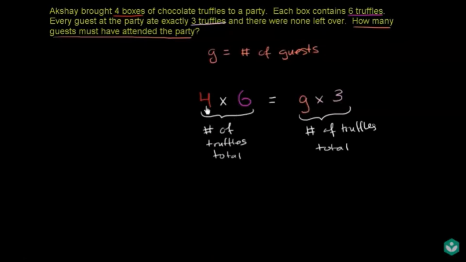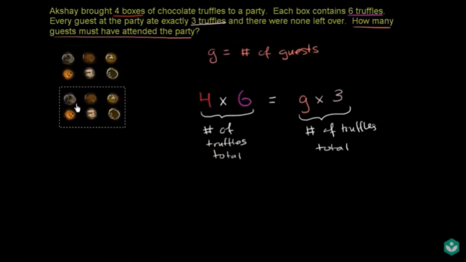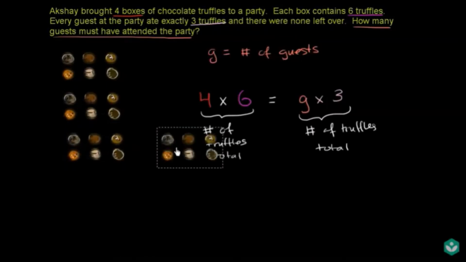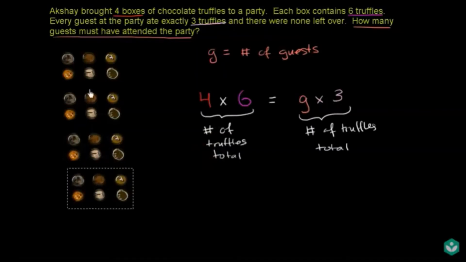So let's just visualize 4 times 6. So here is 1 box of truffles. We get 6 truffles. So it's 1 times 6, 2 times 6, 3 times 6, and 4 times 6. Or another way of thinking about 4 times 6, that's the same thing as 6 plus 6 plus 6 plus 6, which is 6, 12, 18, 24.